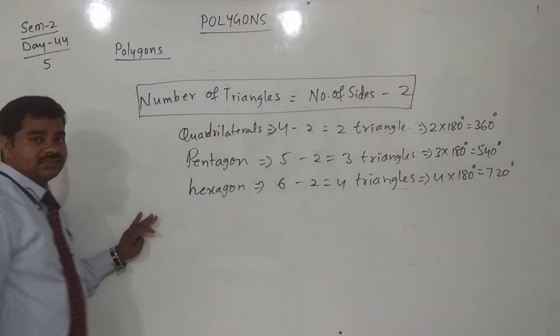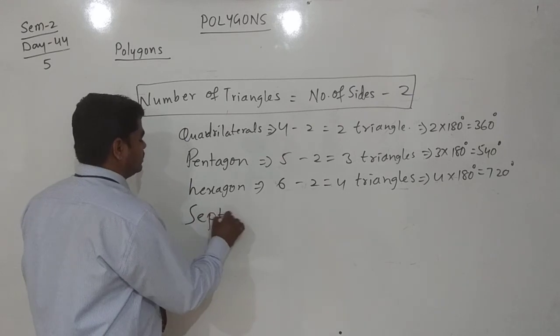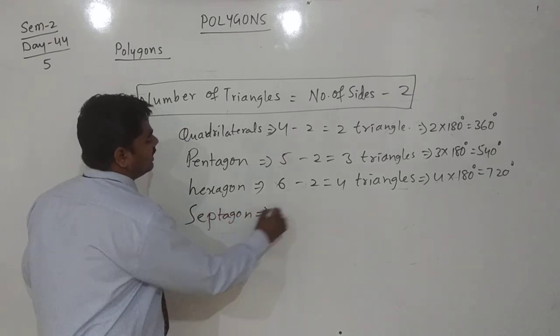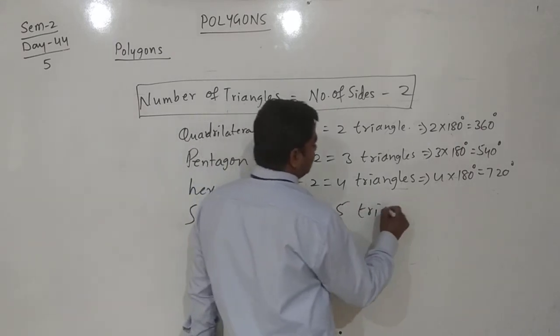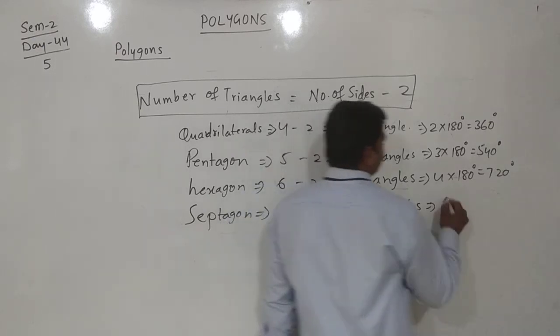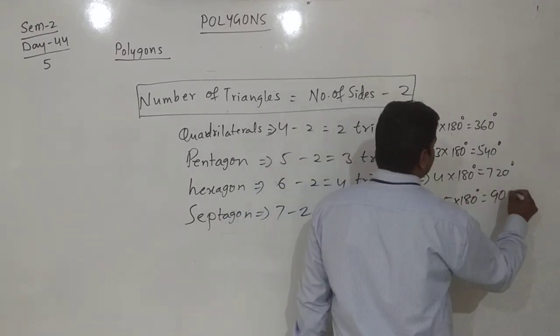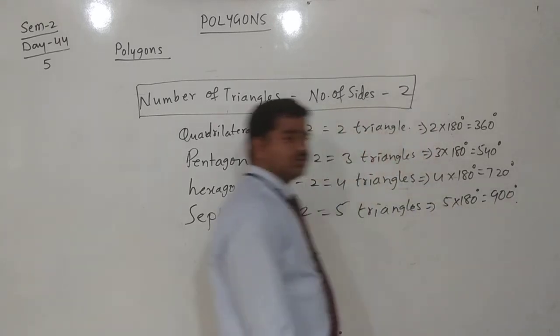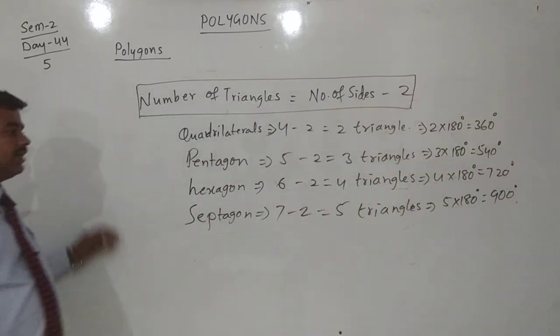Next, septagon: 7 sides minus 2, 5 triangles. Then 5 into 180 degrees, 18 fives are 90, so 900 degrees. The total angle inside the septagon is 900 degrees.